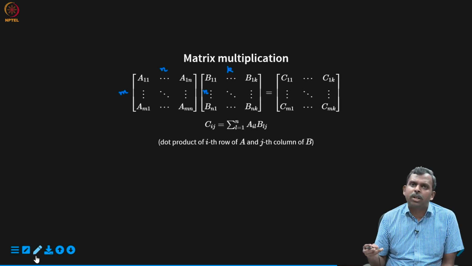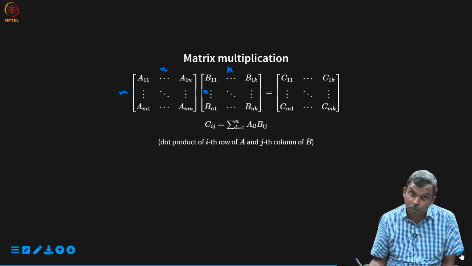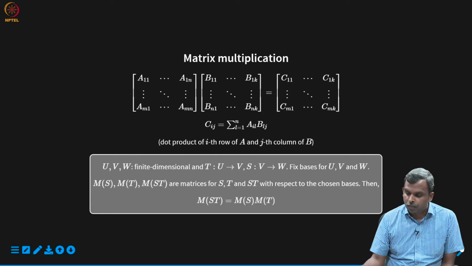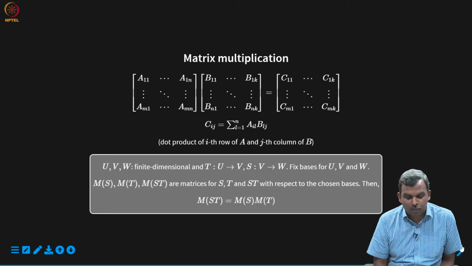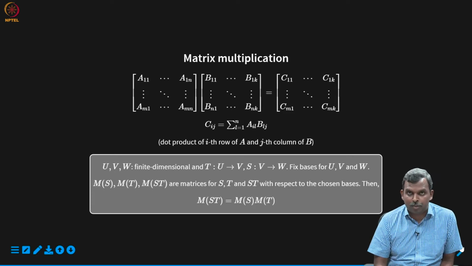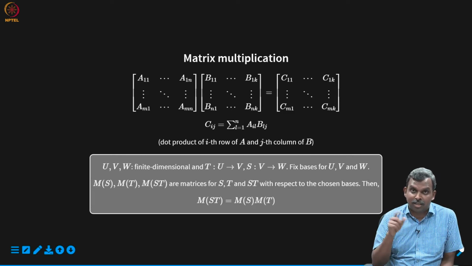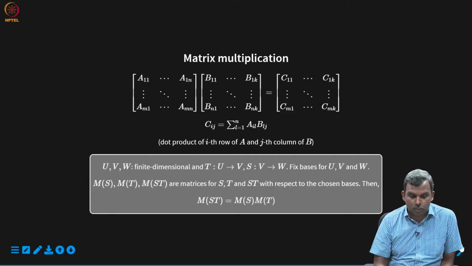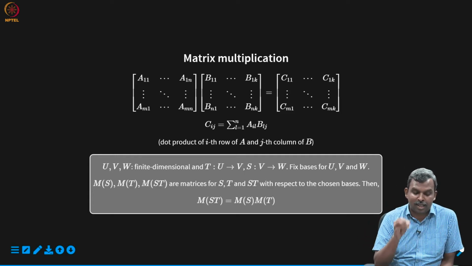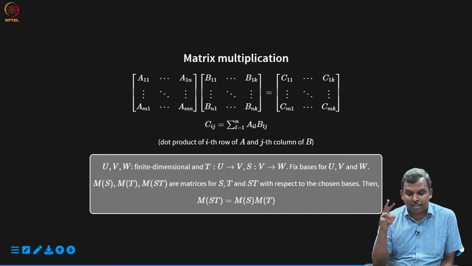And the reason why you do it, we won't see a big proof for this. There is a proof in your book, you can go back and look at it if you like. It turns out if you have three finite dimensional vector spaces U, V, W, and a T going from U to V and an S, which is another linear transformation going from V to W, and if you fix bases for U, V, W, and find matrices M(S), M(T) and M(ST), you know what ST is, right.